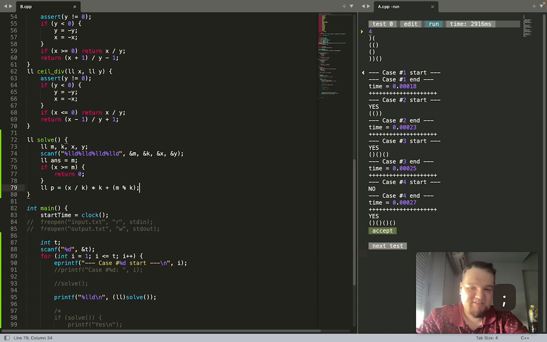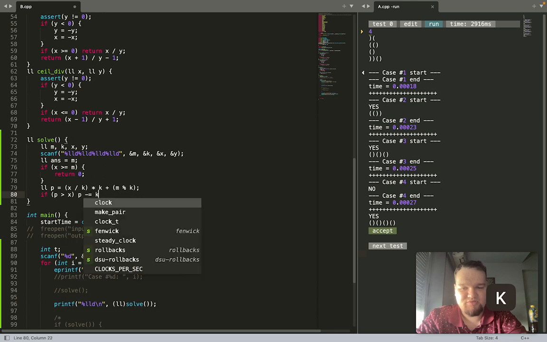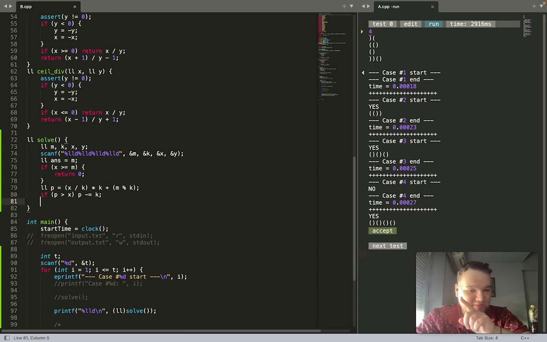So it's something like that, but that number can be greater than x, in which case I want to decrease it by k. And we need to be careful, this number can be negative.